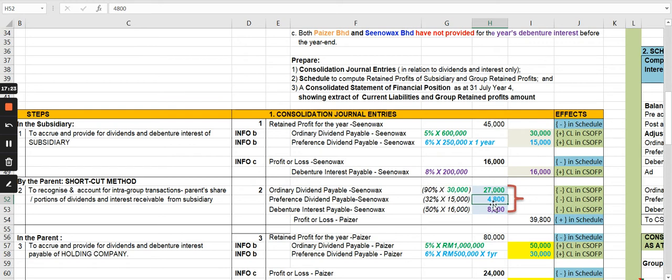So you have 4,800, and all these are actually intra-group transactions, or intra-group dividends and intra-group interest. You will report that in the individual financial statement or individual statement of profit or loss of the parent and subsidiary. However, that will not be reported in the consolidated financial statement.